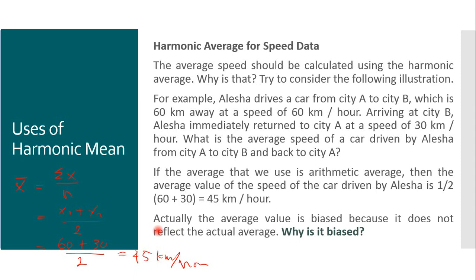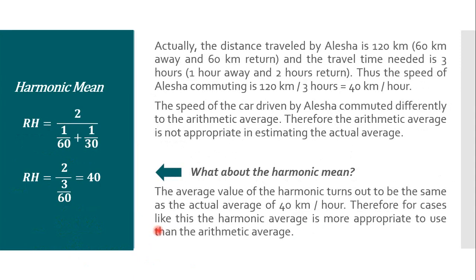Why is it biased? Because actually the distance traveled by Alessa is 120 km: 60 kilometers away and 60 kilometers return. From A to B, plus from B going back to A, the distance is the same.